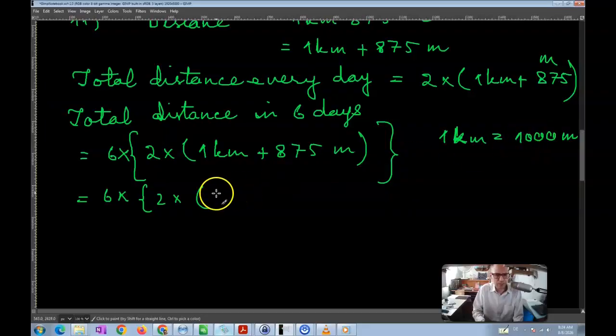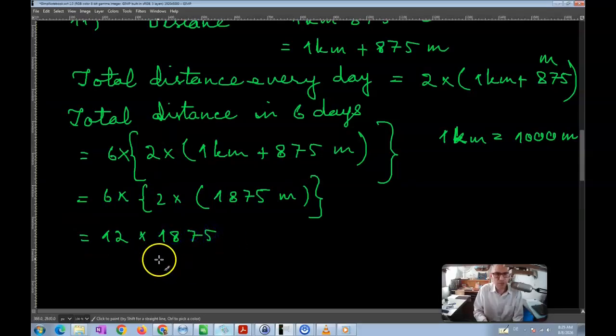which is the same thing as 1875 meters, right? So then we have 6 times 2 times 1875 meters, which is the same thing as 6 times 12 times 1875 meters, right?